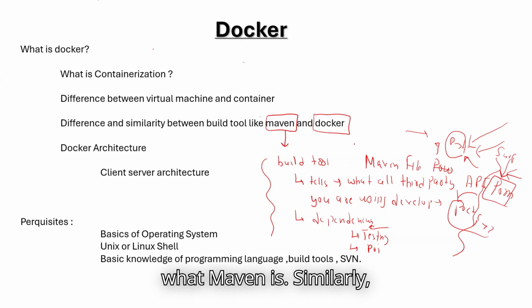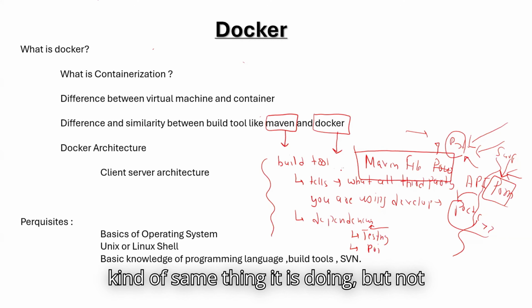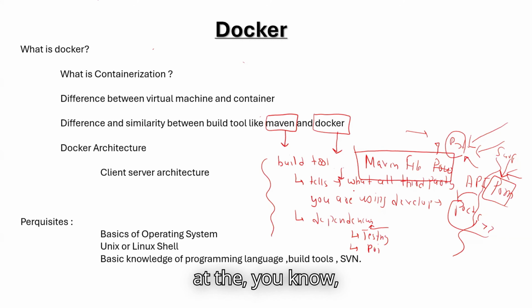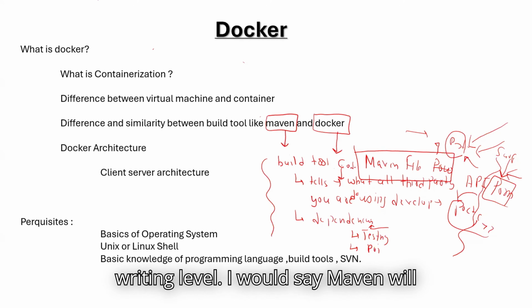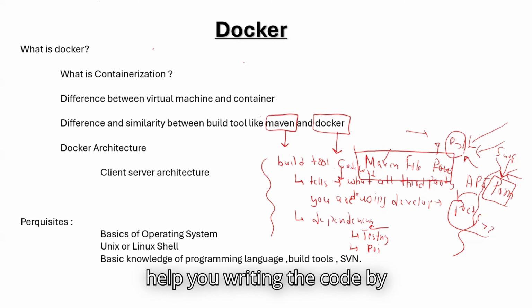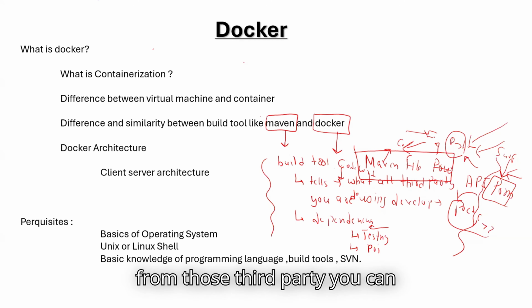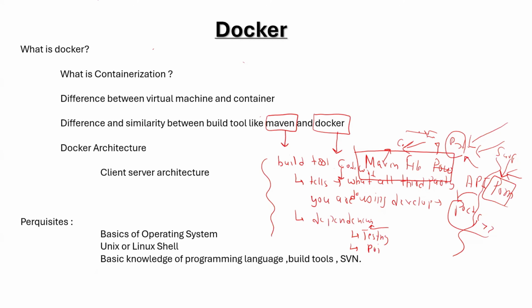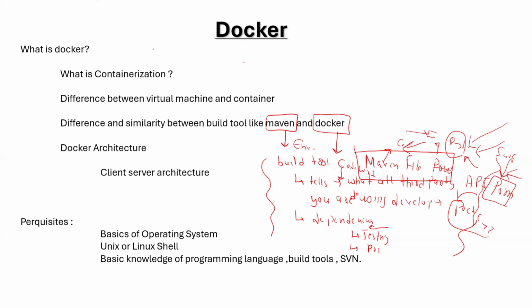That's what Maven is. Similarly, Docker is also doing kind of the same thing, but not at the software development level, not at the code writing level, I would say. Maven will help you write the code by pulling third party dependencies, and from those you can use the functions. But Docker will help you at the environment level.